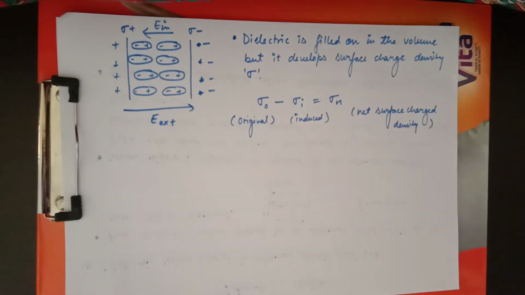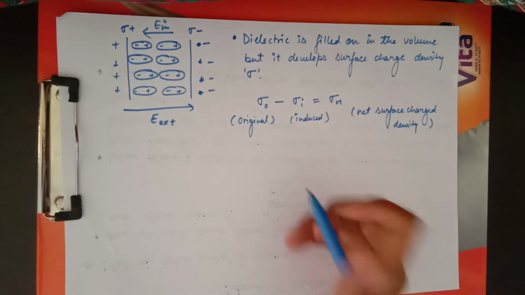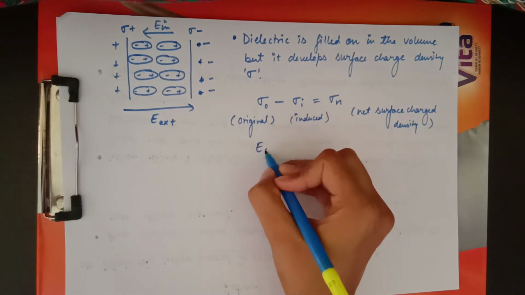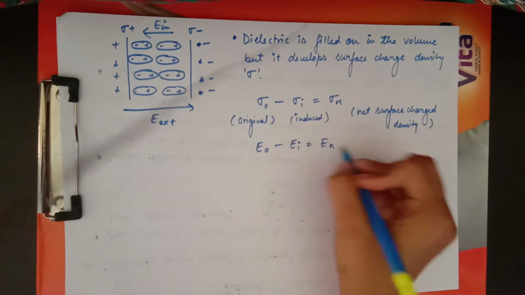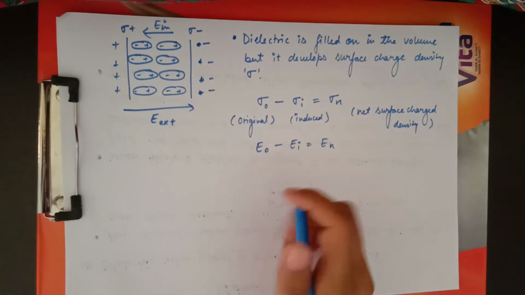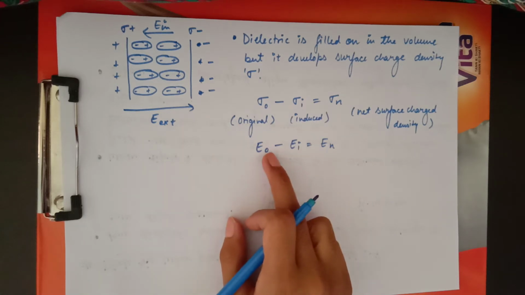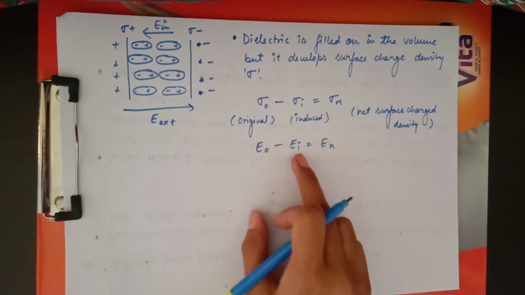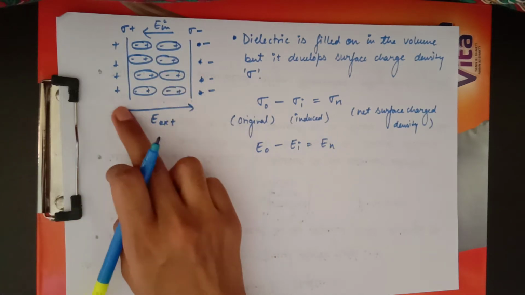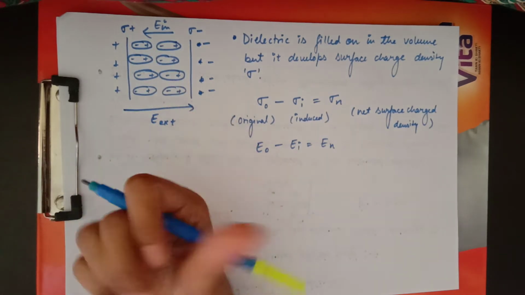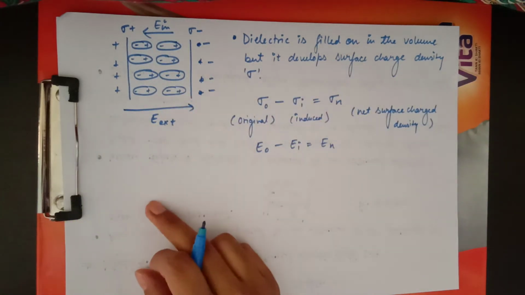Or we can write it as E naught minus E i equals E n, where E naught is your original electric field, or E external, and E i is the E induced electric field. You can see from the figure that E external is in this direction and E induced is in the opposite direction.